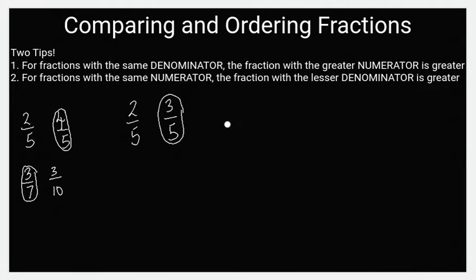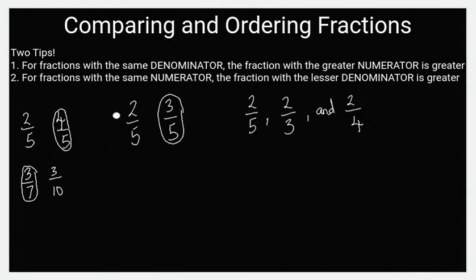Okay, let's try this out. 2 over 5, 2 over 3, and 2 over 4. Let's order this from the greatest to the least. Now, here we have different denominators but the same numerator.